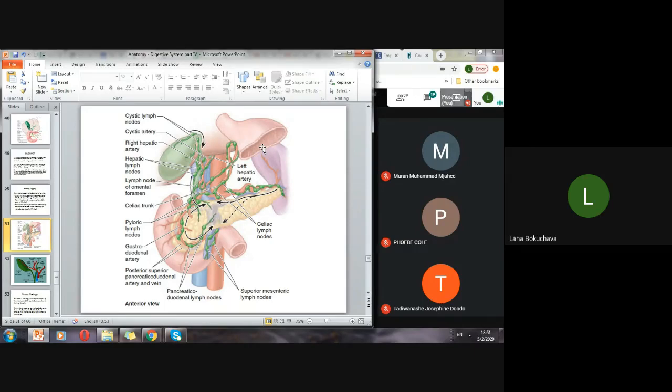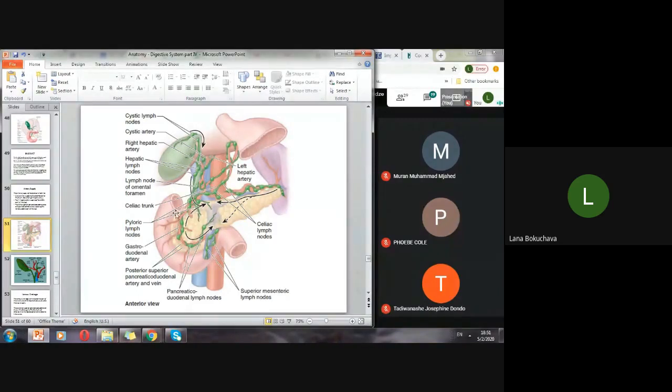And the cystic artery is the one which is giving rise to the blood supply to the most proximal part of the duct, while the right hepatic artery itself gives smaller branches to the middle part of the duct to be supplied, as well as the pancreaticoduodenal arteries, if you remember the ones which we had there.